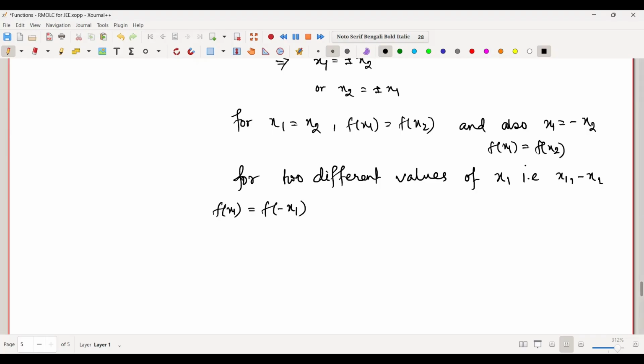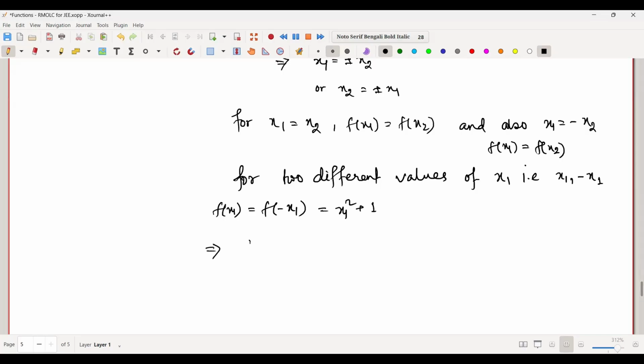So basically we have taken x2 as minus x1, or we can take x1 as minus x2, whatever. So for different values x1 and minus x1, the images are both the same, equal to x1 whole square plus 1.